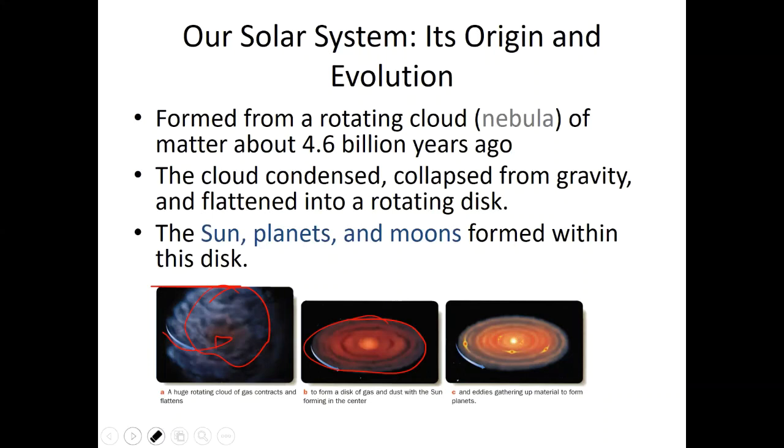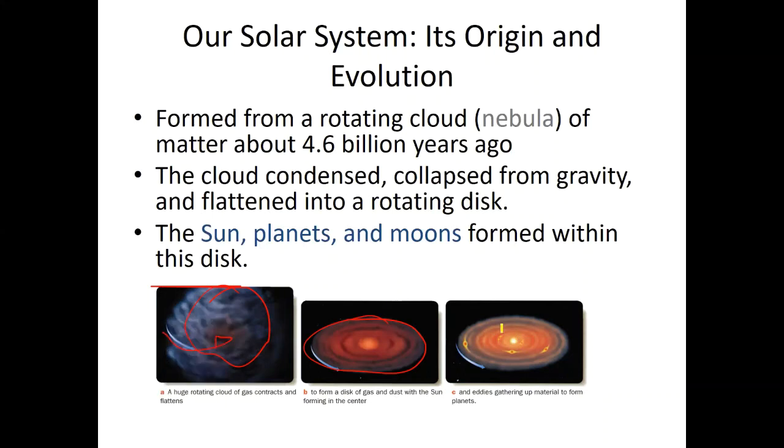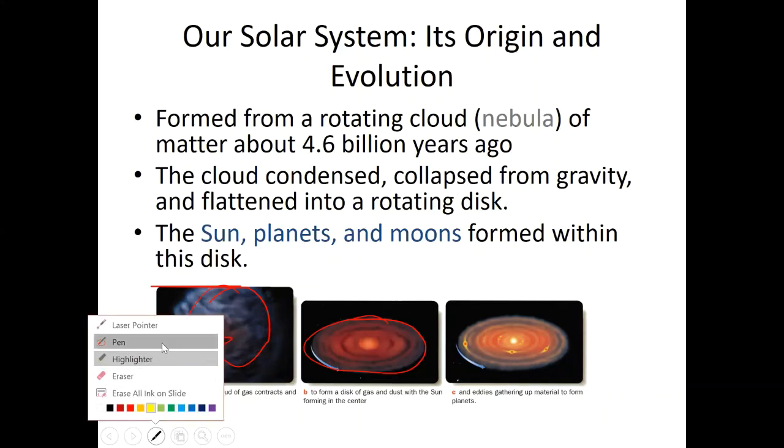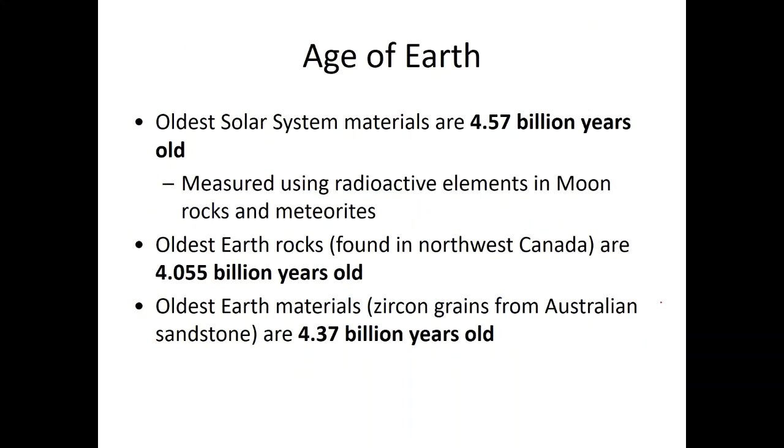And then as you go further out, materials begin to collide and they form the planets. So you can see these planets forming from debris, aggregating, condensing, forming planets. And so this is the formation of our solar system. So the sun forms in the center and the planets form from the disk of debris. So what is the age of the Earth? When did the Earth form?